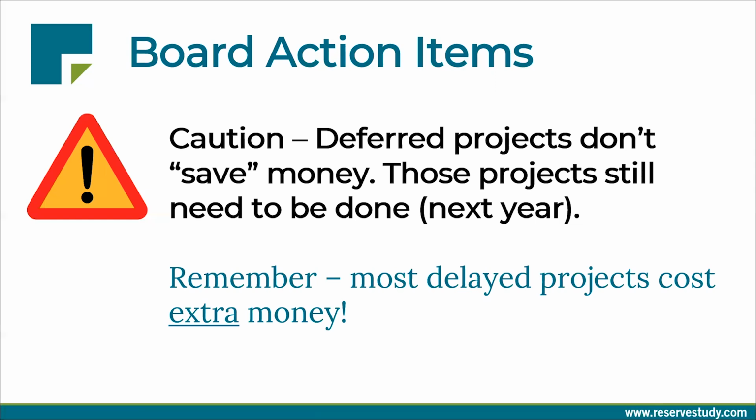If you don't do that, then all of a sudden you have dry rot issues and you have the extra cost of all the carpentry repairs. You just have to be very careful because in many cases, delayed projects cost extra money. So by deferring a year, you've just shot yourself in the foot. Deferred projects often get 20 to 50% more expensive. You add inflation to it, and that's just a bad decision.